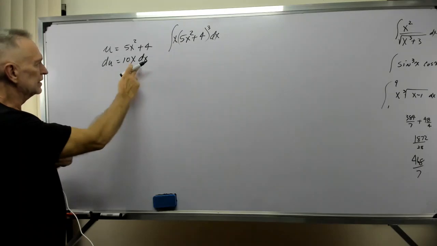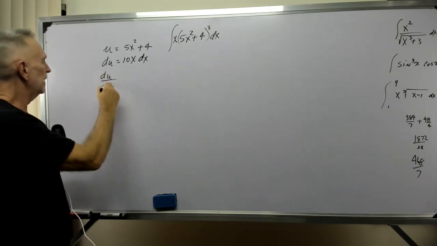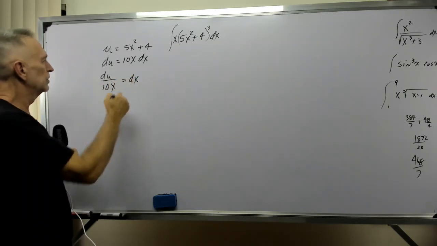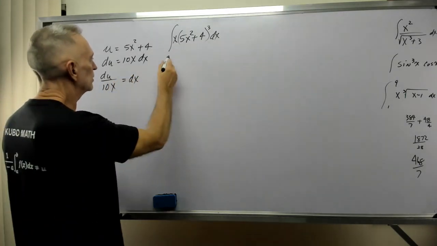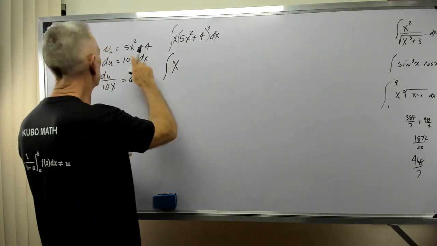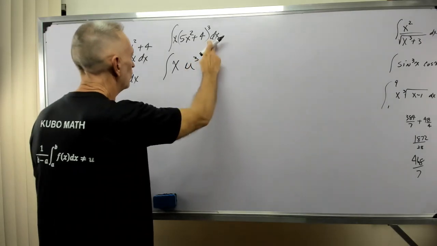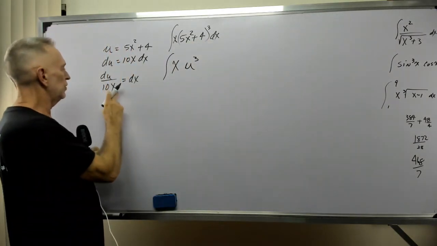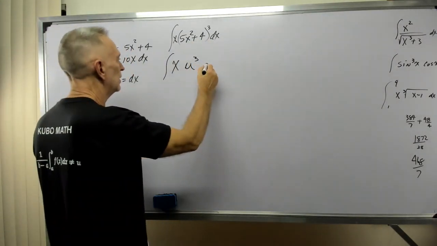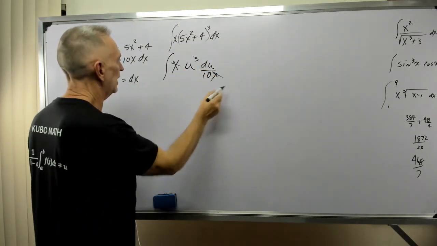Okay, now isolate the dx, so du divided by 10x equals dx. So now, let's go back over here. We still have our x times u to the 3rd power, and we're going to replace dx with du over 10x. So the x's cancel.